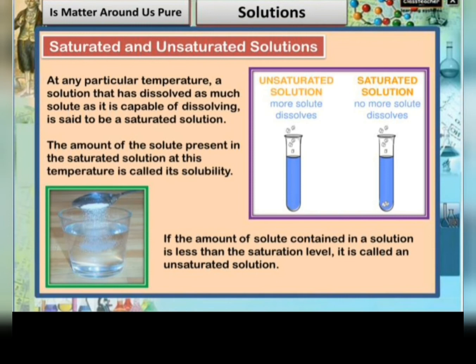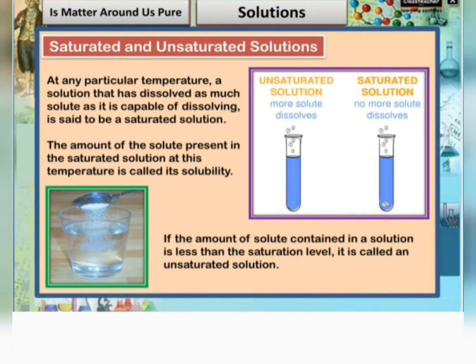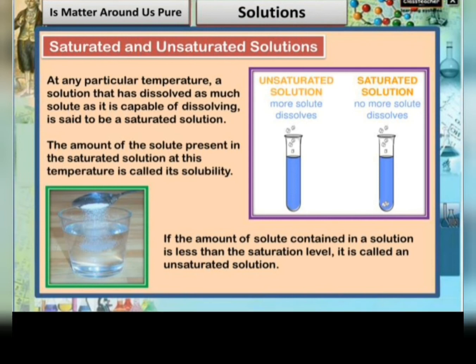So in order to test whether a given solution is saturated or not, we should add some more solute to the solution and try to dissolve it by stirring, keeping the temperature constant, okay? And if more solute does not dissolve in the given solution, then it will be a saturated solution. But if more solute gets dissolved, then it will be an unsaturated solution. So basically, a solution is saturated at a particular temperature only.